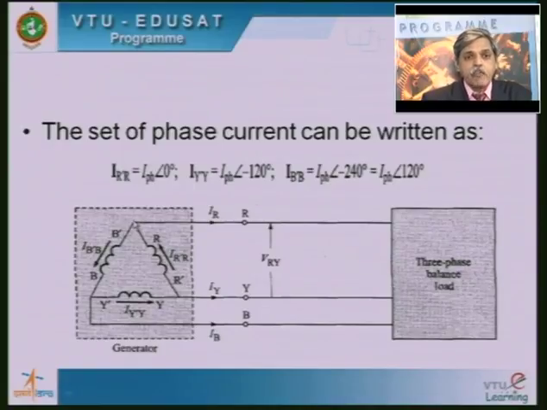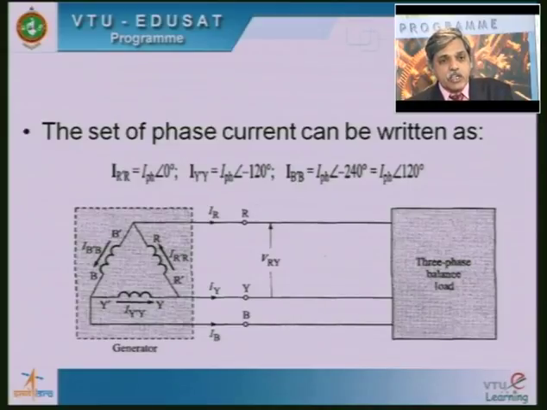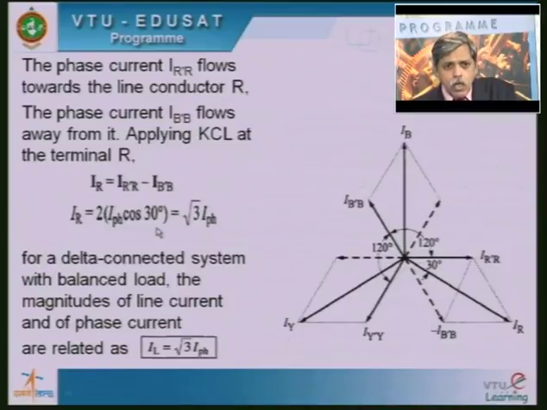At this point, if I apply Kirchhoff's current law, the sum of the incoming currents is equal to the outgoing currents. You can see in the diagram, IR is the outgoing current at this point, IB dash B is also an outgoing current, and the incoming current is IR dash R. So this current is equal to the sum of these two currents. Fine, that is what I have shown here.